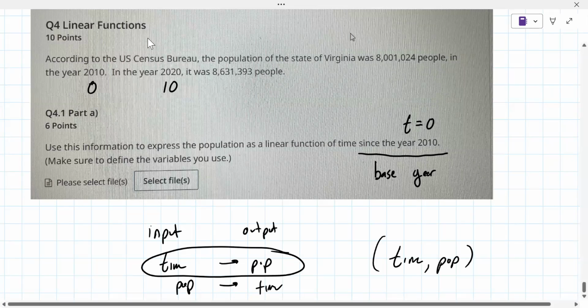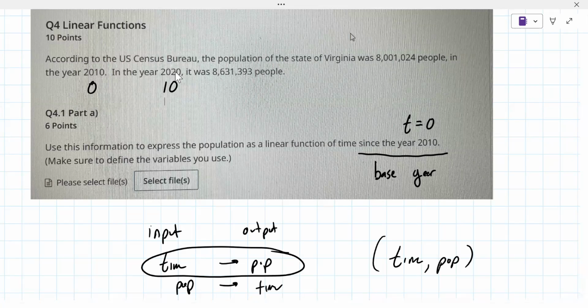So could you give me the two ordered pairs whenever you have them? The first one is 0, 8,001,024.